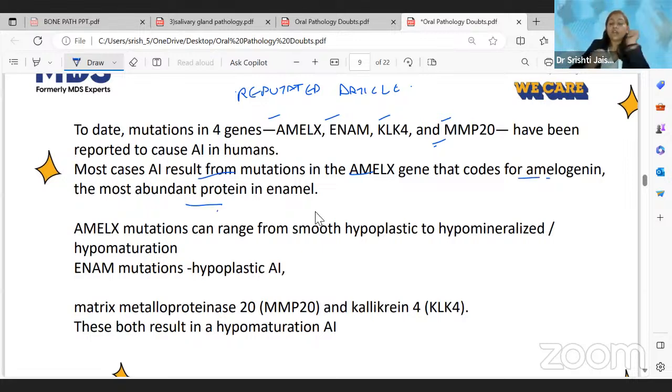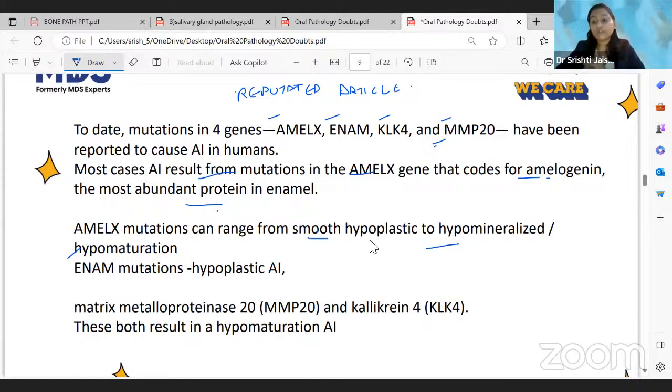Okay, so the majority of amelogenesis imperfecta is associated with mutation in the AMELX gene. AMELX gene mutation can result in forms from smooth hypoplastic to hypomineralized, or hypomaturation.